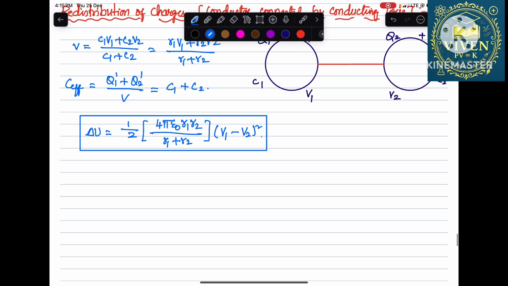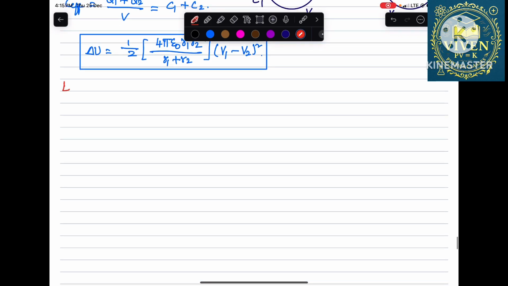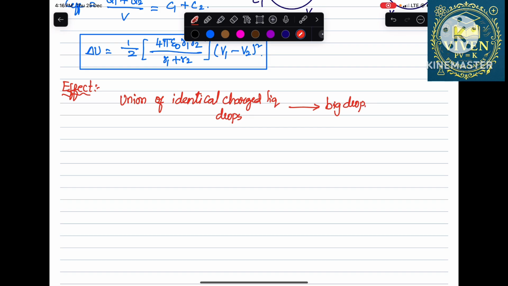So before going to learn that, I would like to explain the effect of union of identical charged liquid drops into a big drop. Smaller charged liquid drops are there, and these all are unioned into a big drop.